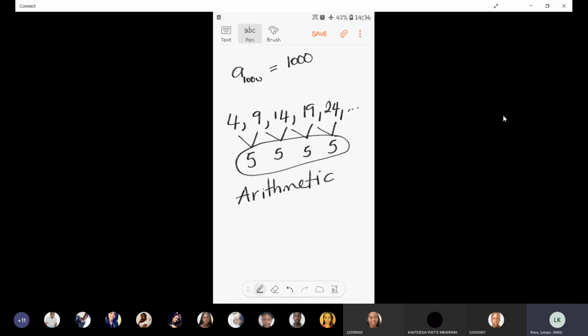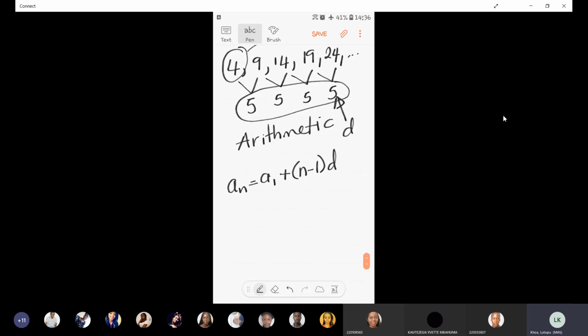So if I want to work out the formula for a_n, I know in general a_n is given by a_1 plus (n minus 1) times d. So my d is over here. I can see it's the same. And a_1 is just the first term, and you can see it. There it is. It is given to you. So a_1 is equal to 4 and d is equal to 5.